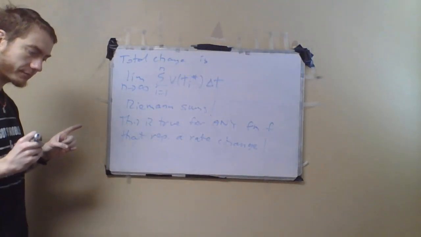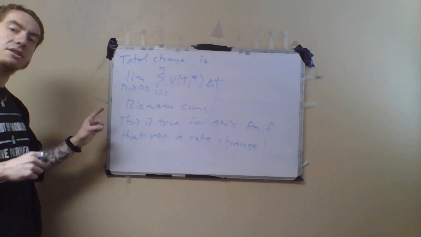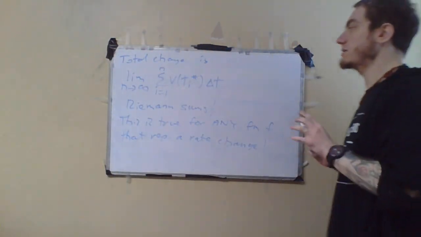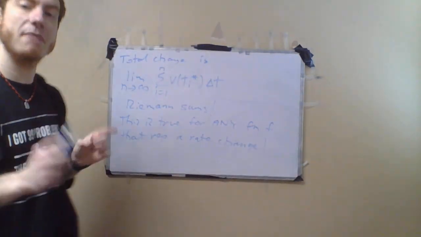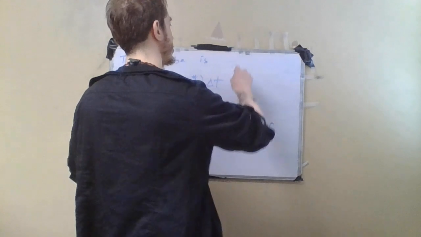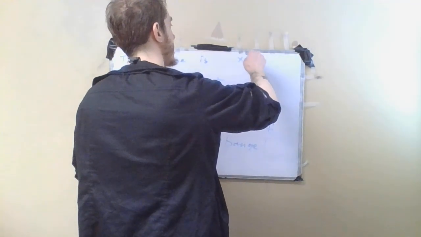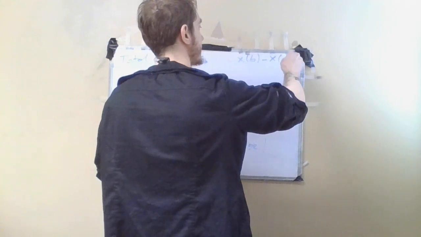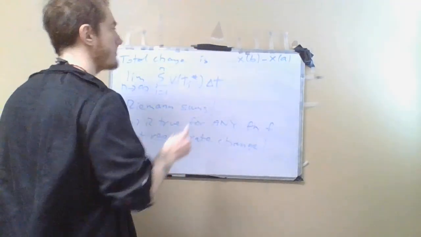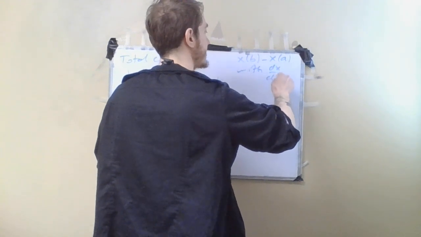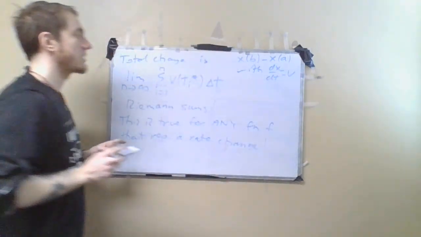Now, we're going to look into this in more detail shortly, but I want to point something out to you intuitively. Remember, the total change is also the position evaluated at time B minus the position evaluated at time A, with dx by dt equal to v.